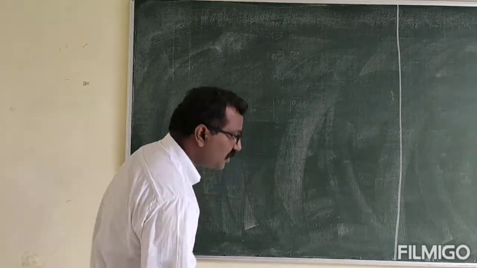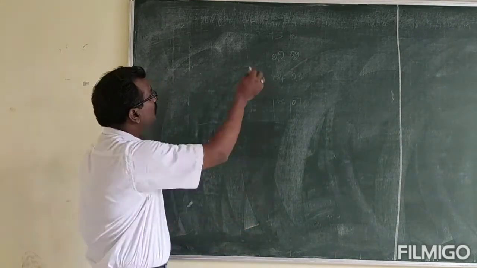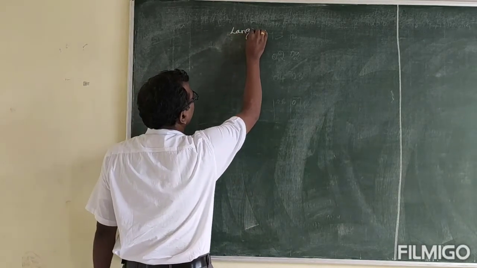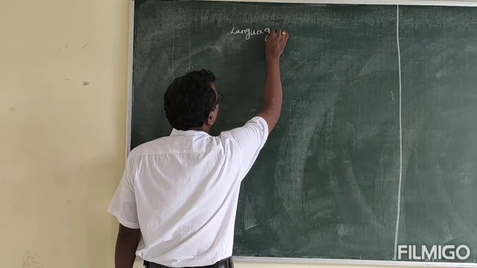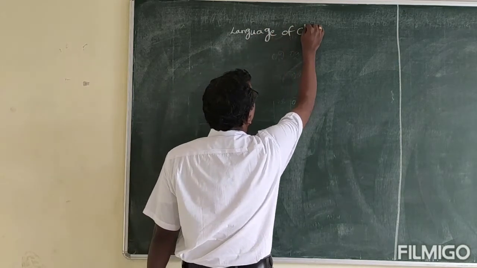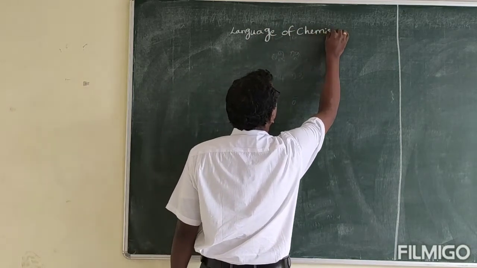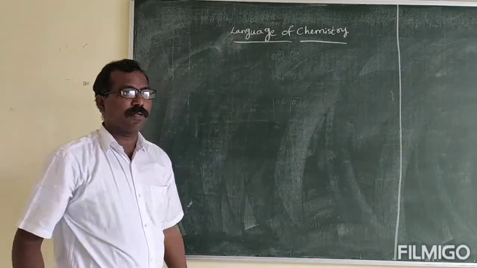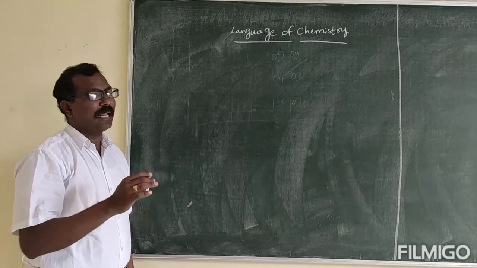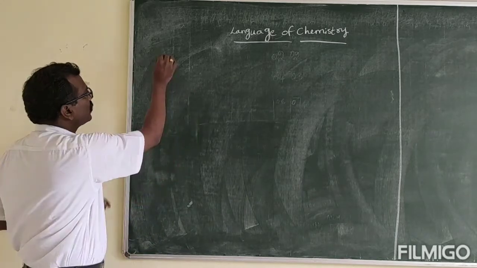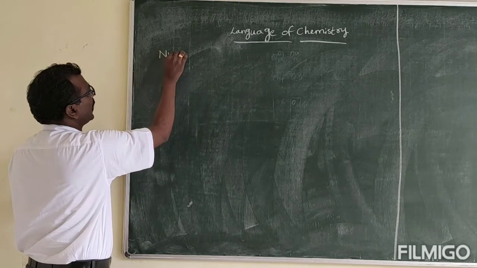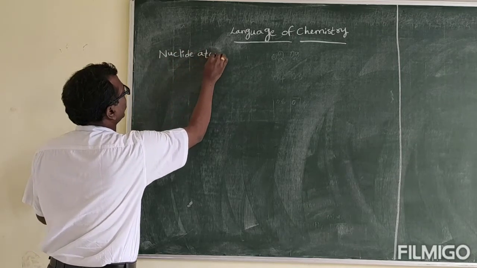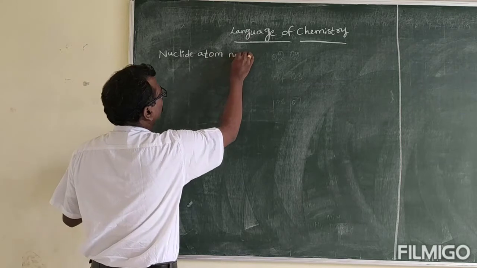Okay, very good morning, children. So we are going to start the language of chemistry today. In this language of chemistry topic, the most important one is nuclide atom notation.